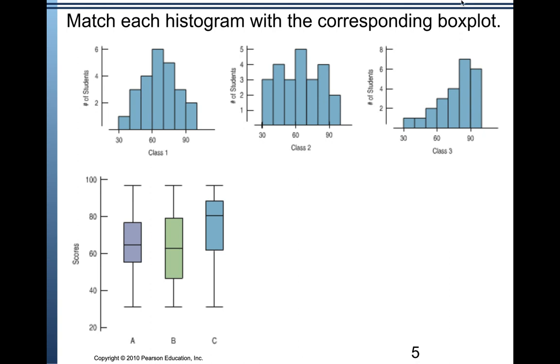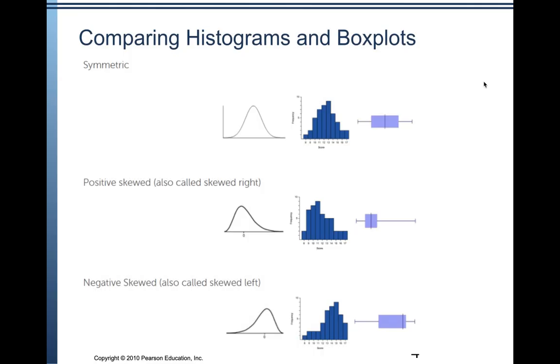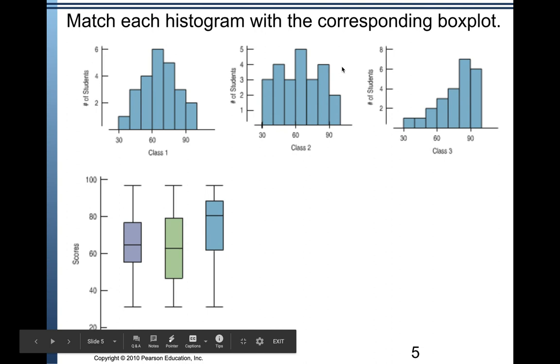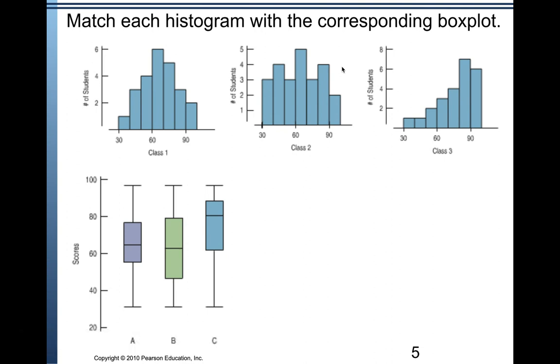In this case, I notice that this third histogram here, class 3, is obviously skewed to the left. And remember, I talked about on the previous slide, if the data is skewed to the left, then the leftmost whisker, the whisker at the low end, will be longer.